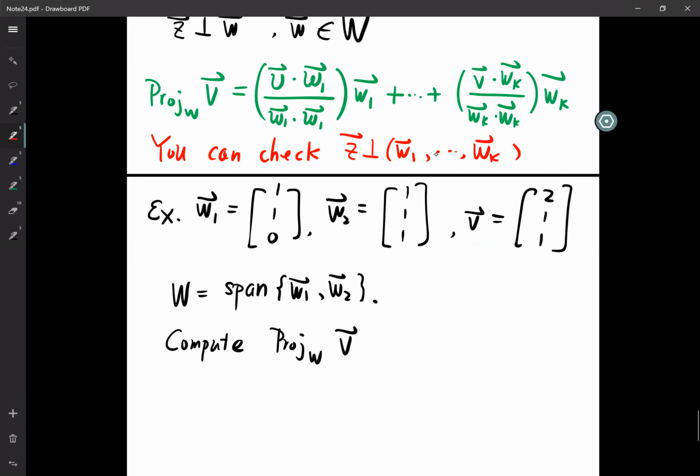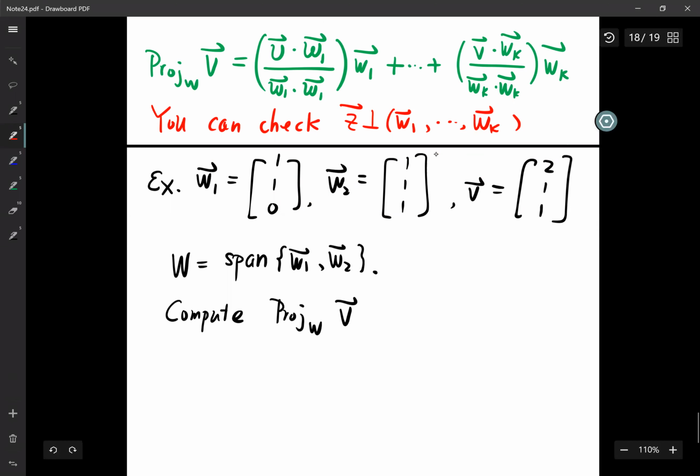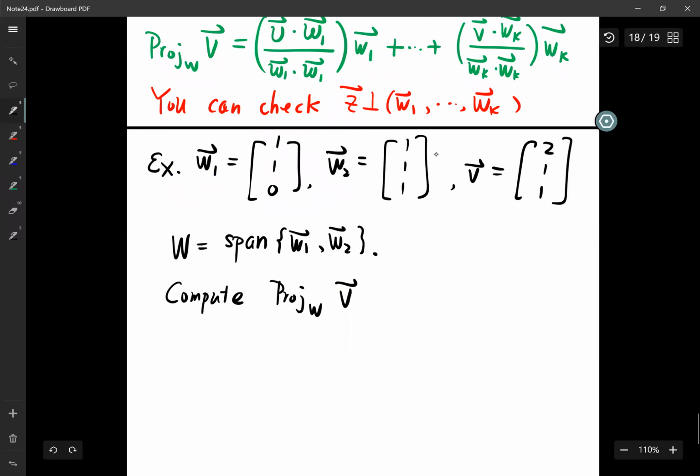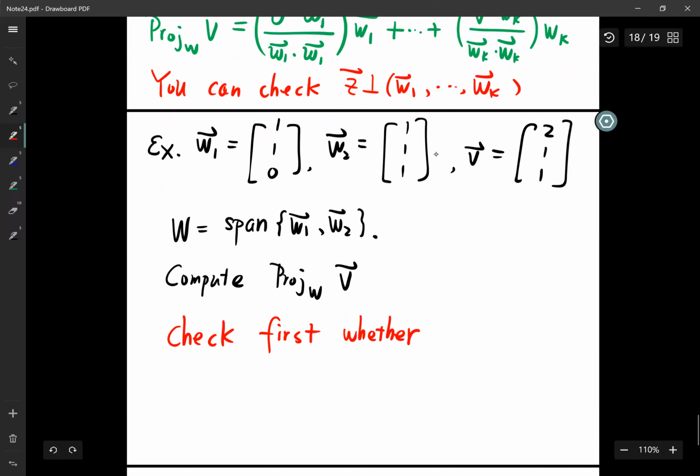You say, wait a minute, what's the problem? The problem is that this relies on an assumption: that W1 through WK is an orthogonal basis set. So the first step when you want to apply this is to check whether the basis set is an orthogonal basis set. The subspace is always well defined, but the basis set can be arbitrary.